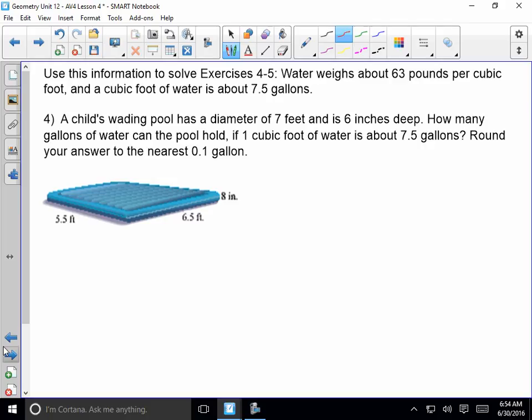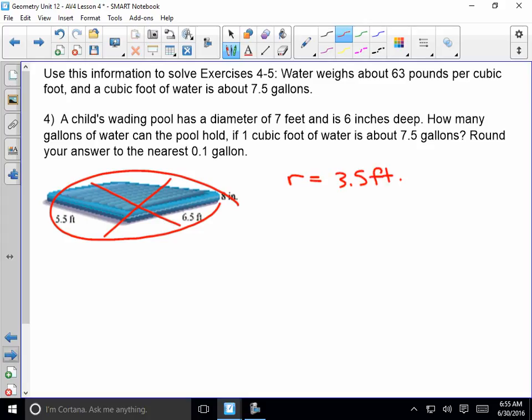Notice that the picture doesn't quite match the situation, but we gave you the visual here, so let's ignore the picture. This is actually one we've done back in a previous unit. We've got the wading pool diameter of 7 feet, so that means the radius of the pool is 3.5 feet, and it's 6 inches deep. So it's a very small pool, like we said, a wading pool.